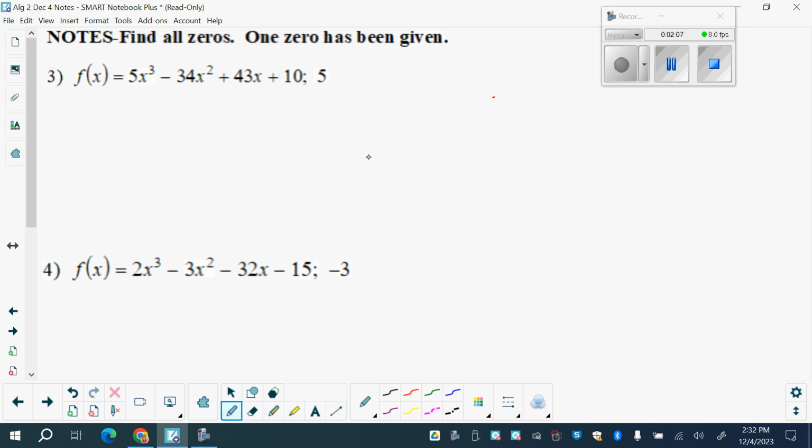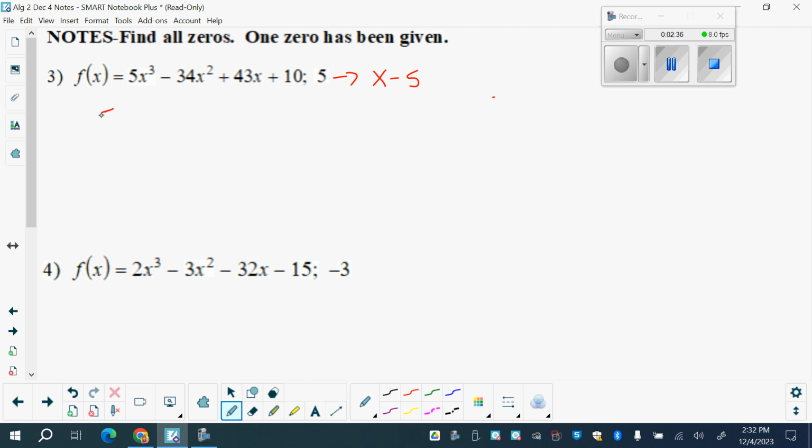When we substitute it in, we get 0, because it's a zero. So we're going to use synthetic division, because this stands for x minus 5.